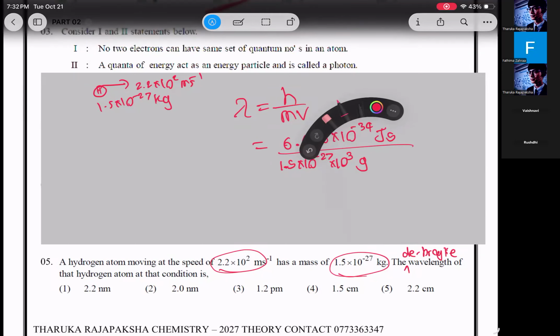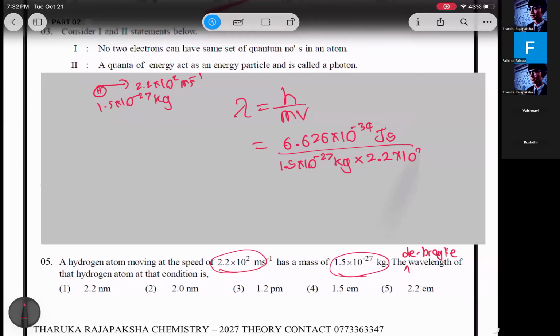I guess I'll keep it in kilograms. There is a small issue going on here, I'll teach you what that is. And the velocity, I'll put 2.2 × 10^2 meters per second. They will give it in the paper, on the first page itself you can see the value. Now the problem is not simplifying. The problem is units.